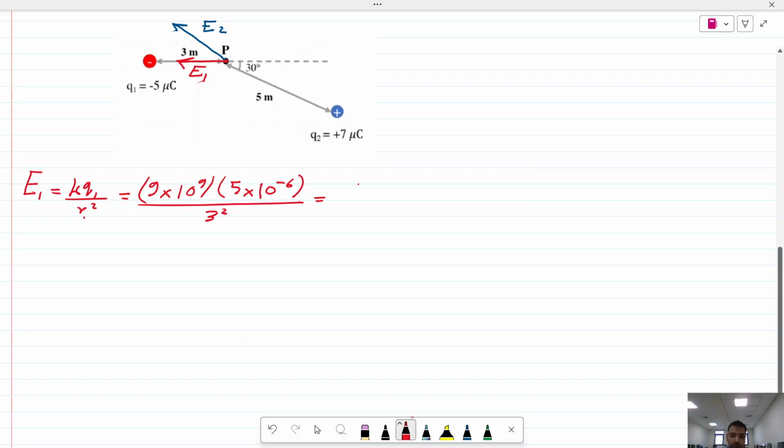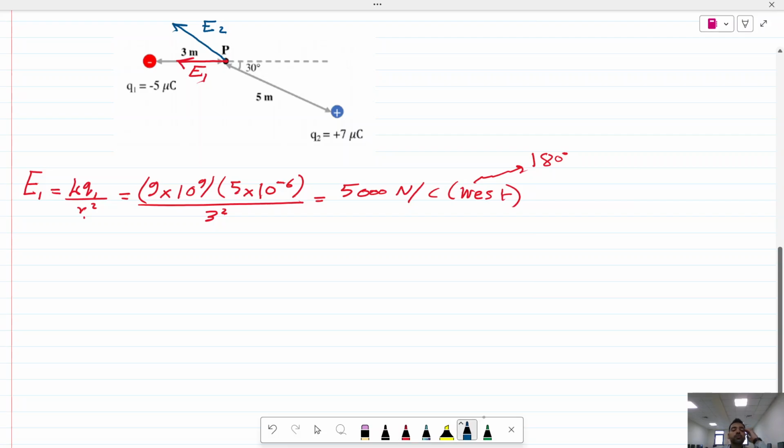This gives us 5,000 newtons per coulomb, and it would be to the west. So to the west, we already know that the angle is 180 degrees.